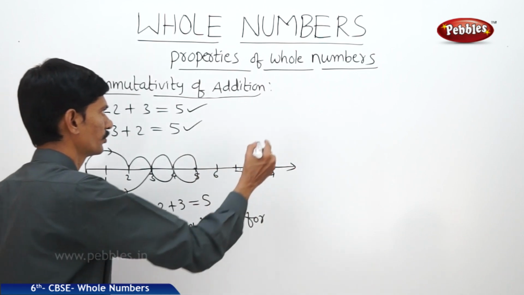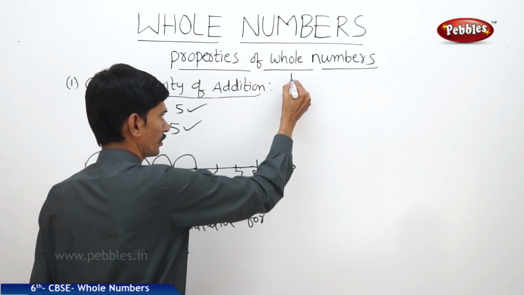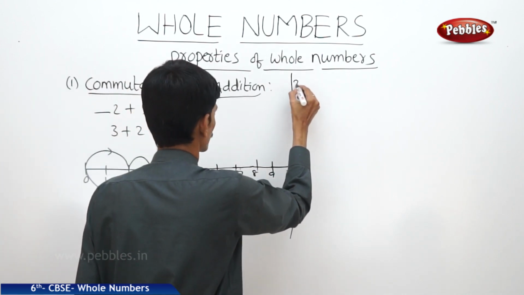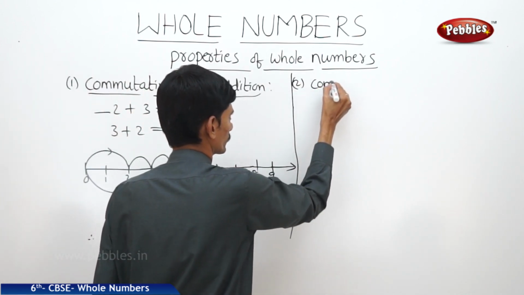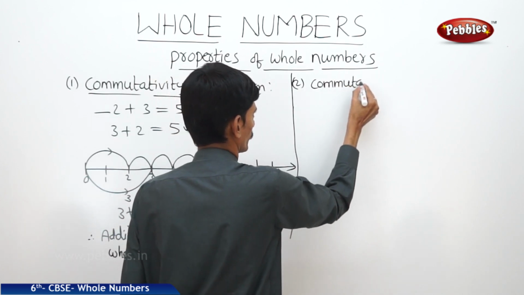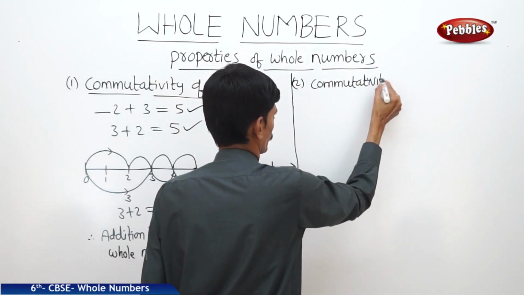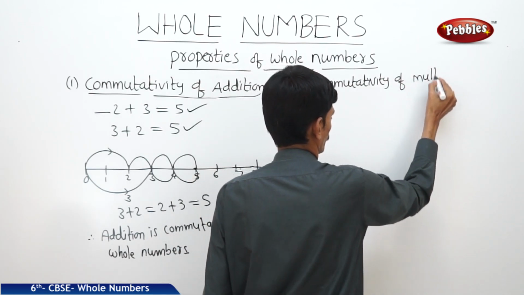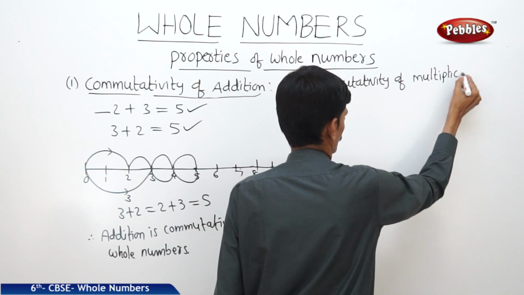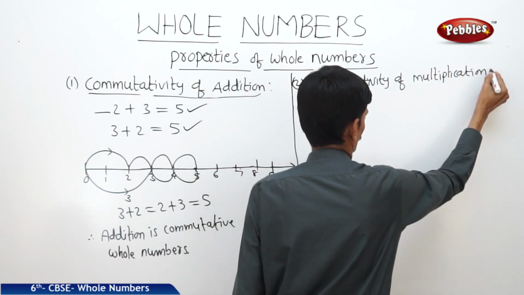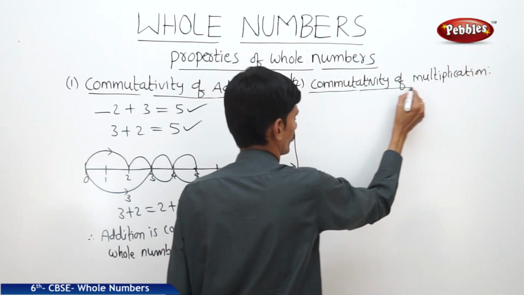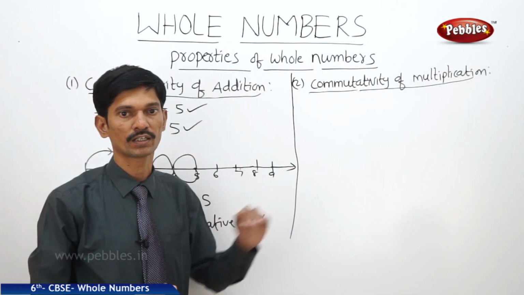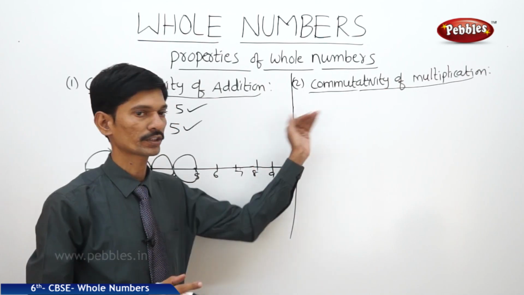Now let us check the commutativity of multiplication. If you multiply any two whole numbers in any order, we still get the same product.